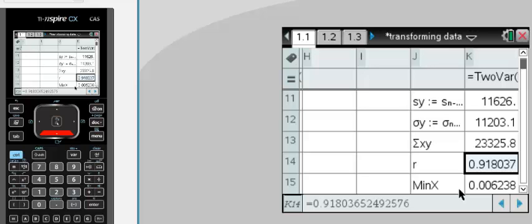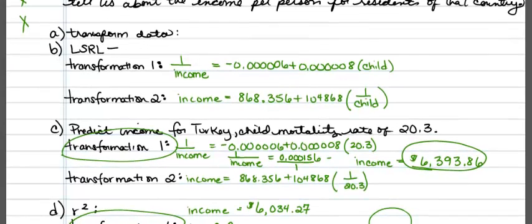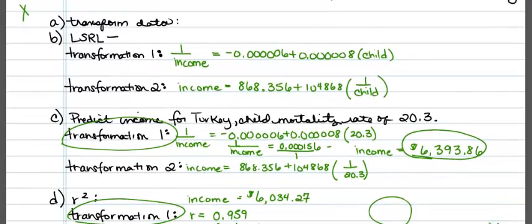So when I go back to my paper, the R equals, for transformation number 1, 0.959515. If you square that, that will give you your R squared. Square it and it works out to about 0.92, or 92%.